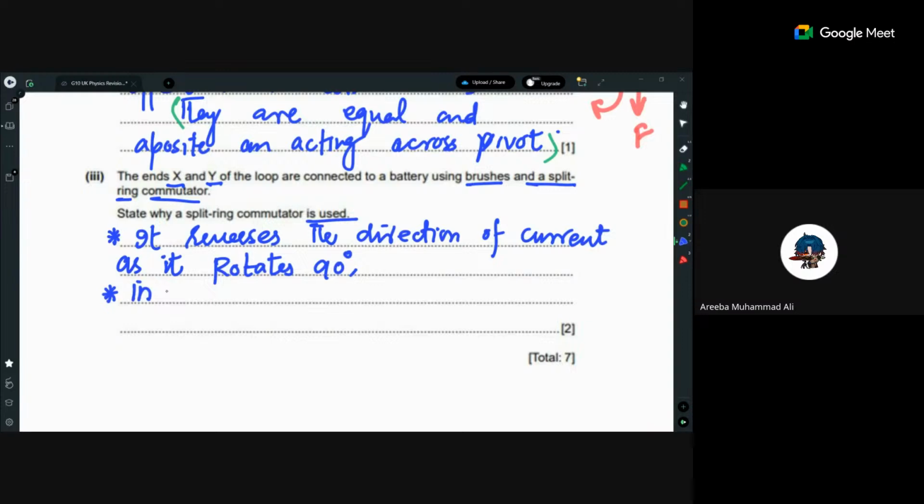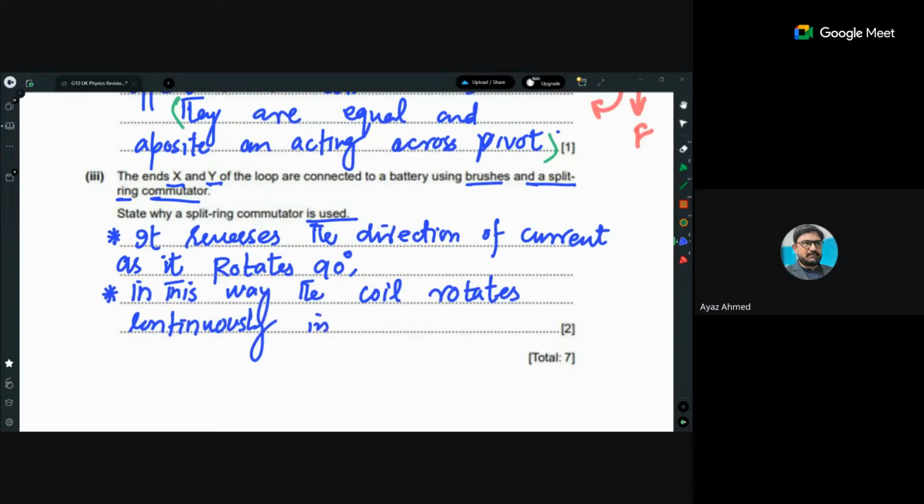Yes. Okay, in this way the coil rotates continuously in the same direction. Is it clear to you?